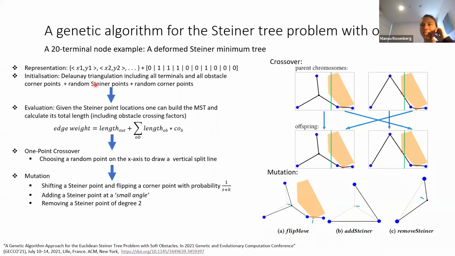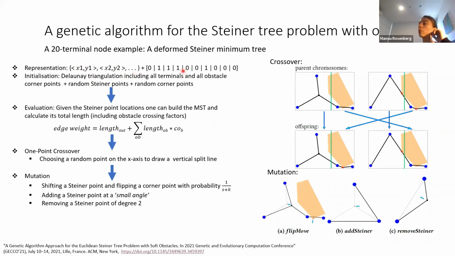But the basic idea is that we use a specific representation of our problem where the terminals are set, but we can move the Steiner nodes, and some of the mutation is moving the Steiner nodes from one place and shifting them slightly.